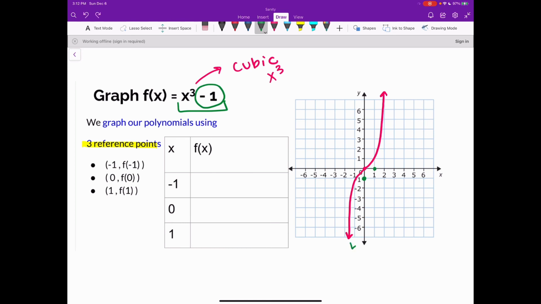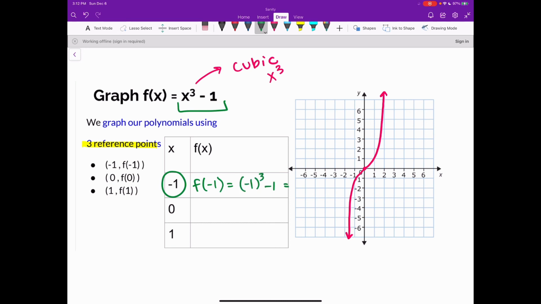Let's graph some points, some reference points, so we actually get a very accurate graph of it. So let's just pick x equals negative 1. If I plug x equals negative 1 into my function, you're going to have f of negative 1, which is negative 1 cubed minus 1.